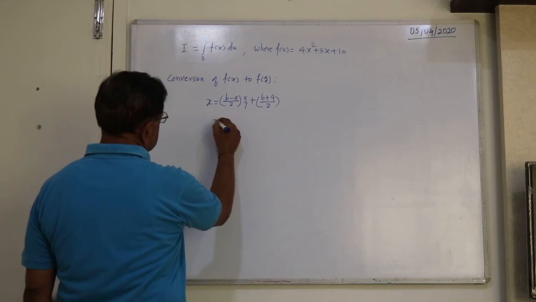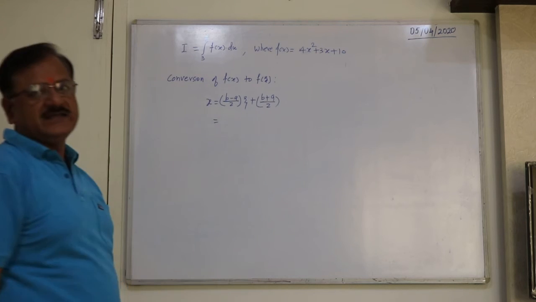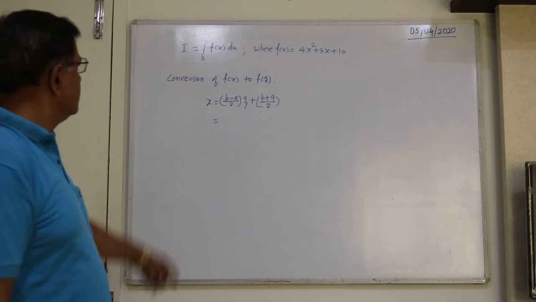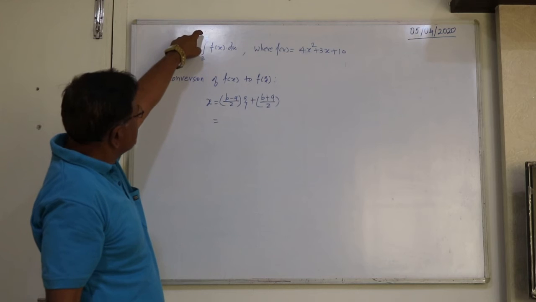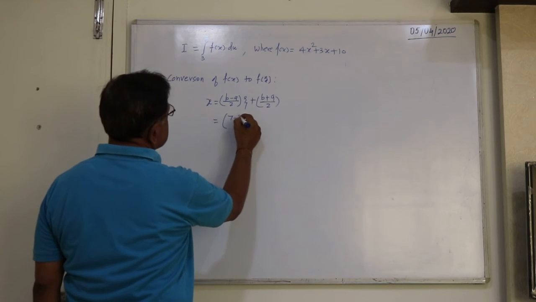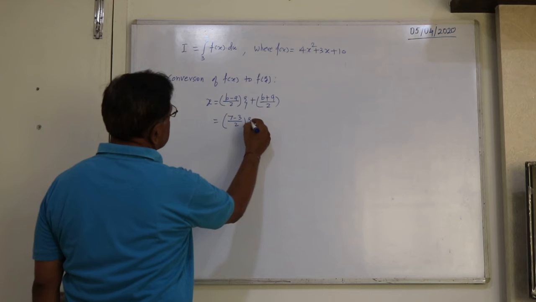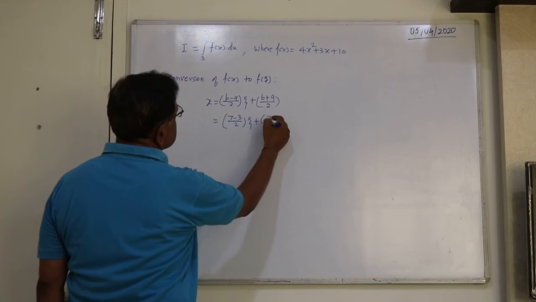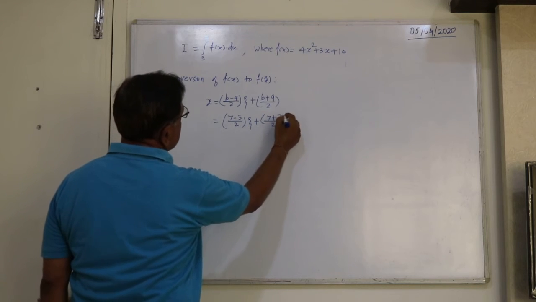Now substitute, where a is the lower limit and b is the upper limit. So the limit of integration is 3 to 7. Substitute: 7 minus 3 upon 2 psi plus 7 plus 3 upon 2.